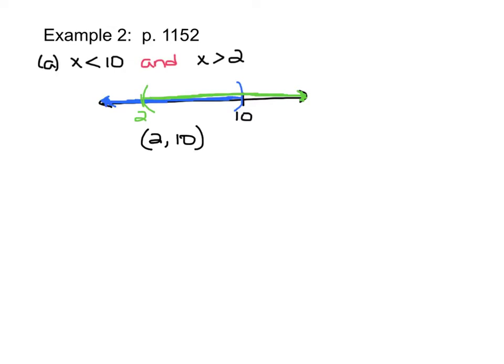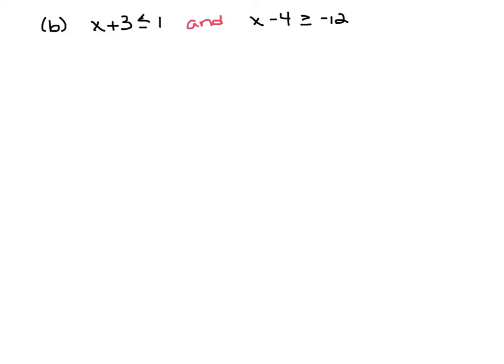That's where I have my two colors. That's where they overlap. That's where they have in common. And then my graph would just show from 2 to 10. So if I was graphing it, I would just graph like this and just shade that middle portion.